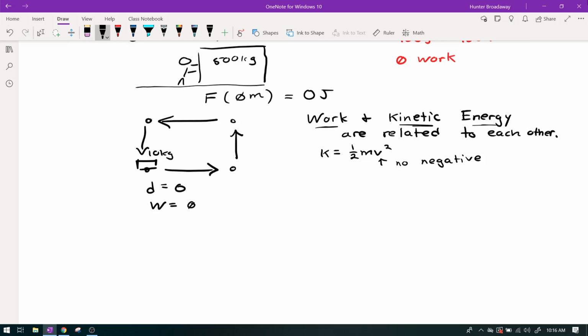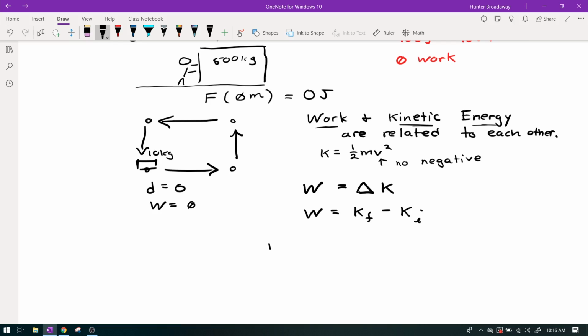Okay, and how we're going to write that is: the work being done is equal to the change in kinetic energy. Okay, the work being done is equal to the change in kinetic energy, and you can also write that as Kf, the final condition of the kinetic energy, minus the initial condition of the kinetic energy.